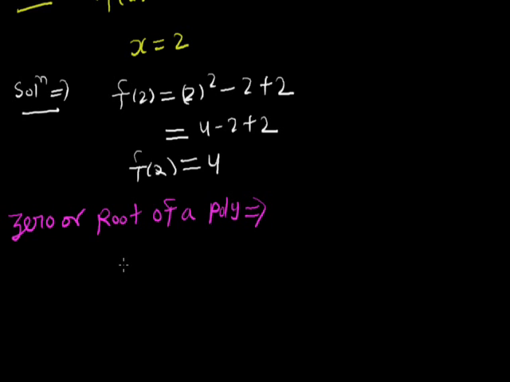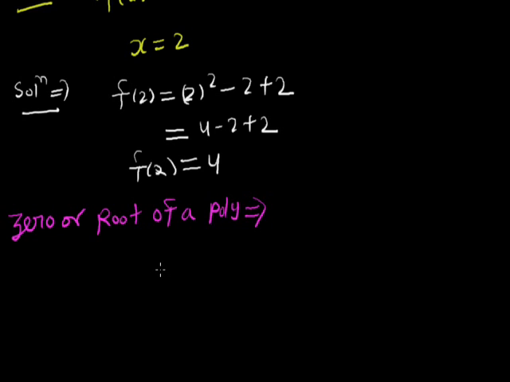If we observe the term zero, it simply specifies its importance. We have to find the zero of the polynomial, which means we have to find the value of x at which the value of this polynomial becomes 0, which is defined as the zero of a polynomial. Zero and root are both the same thing.